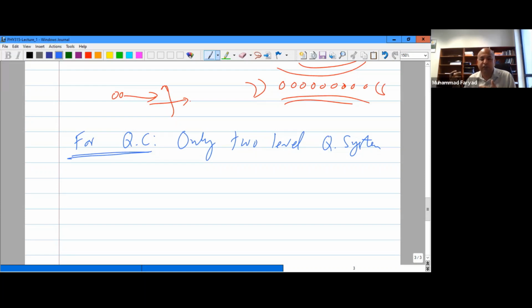So that's why the two-level system is used classically, and similarly for quantum computers, a two-level quantum system is used for quantum information processing, simply because it's much easier to control errors and to have a controlled flow of information on a two-level system than any higher level system. So now we have decided that for quantum computers, we will be using a two-level quantum system.